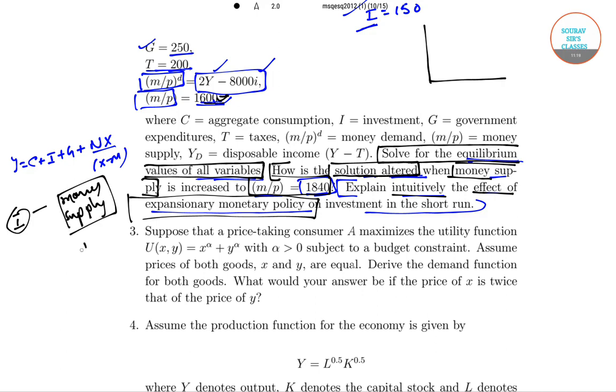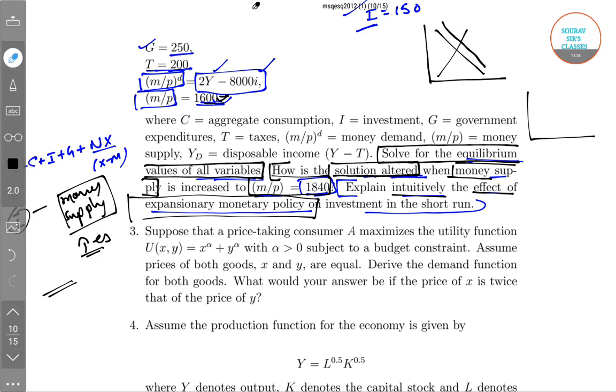So when money supply increases, what happens? The short run monetary policy basically says the LM curve shifts to the right. The LM curve is basically a positively sloped curve.